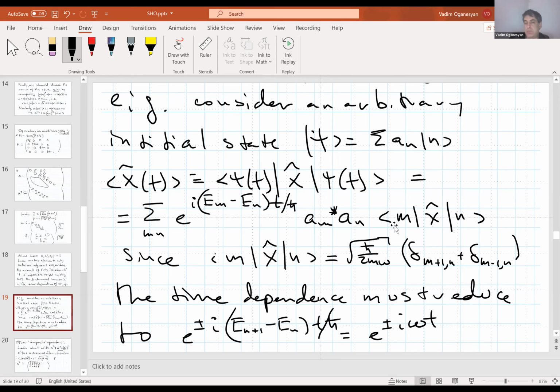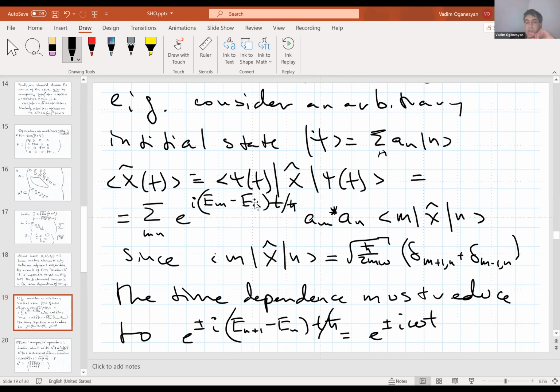So here's the complete formula. Because you're sandwiching psi from left and right, what used to be a single sum on n is now a double sum. And because n is a dummy index, I'm going to use m and n. And so a_m star a_n, basically a_m star comes from the conjugate. Here's an expectation value.